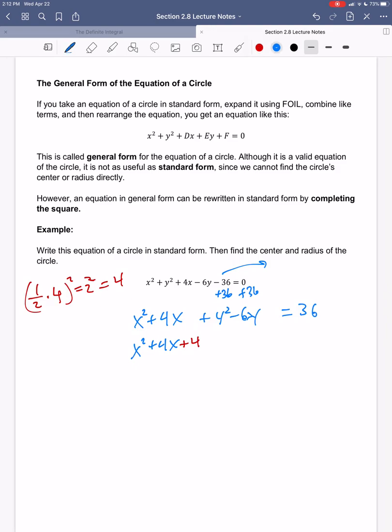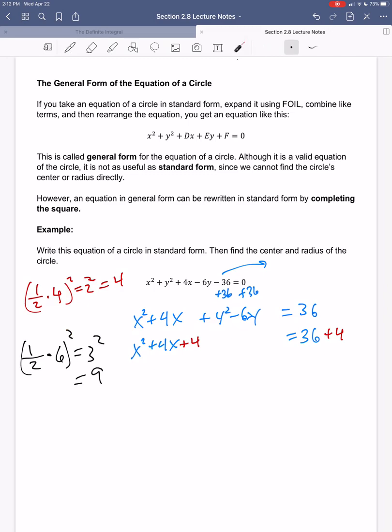Now over here, where I've got this 36, that means now I have to throw in a plus 4. And then for my y's, I take half the coefficient of y, so that's this negative 6. So I take 1/2 times 6 and square it. That's 3 squared, which is 9.